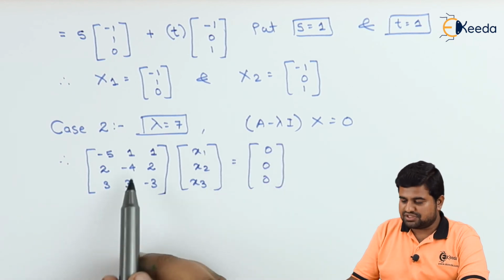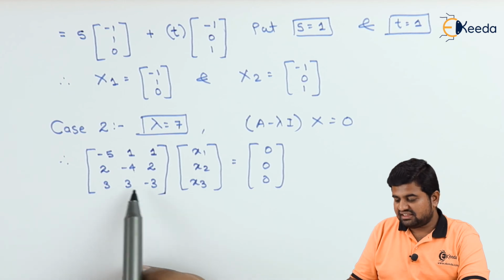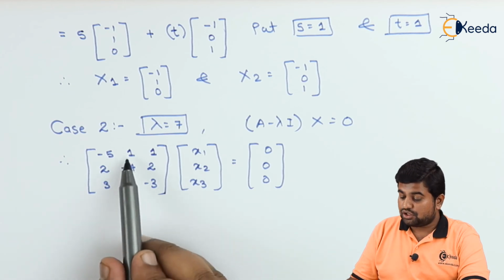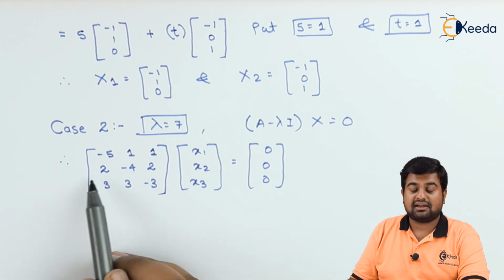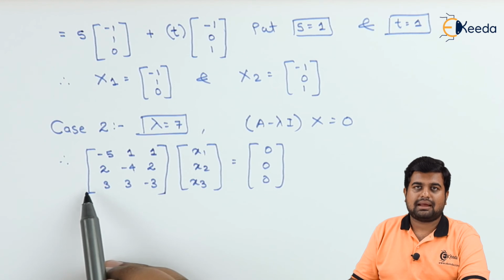Now if we observe minus 5, 1, 1, 2, minus 4, 2 and 3, 3, minus 3, these are three distinct equations. There are no two equations which are alike. So we can consider any two equations using Cramer's rule.